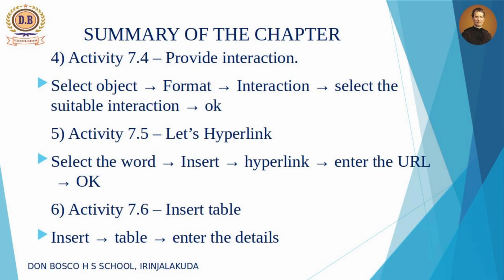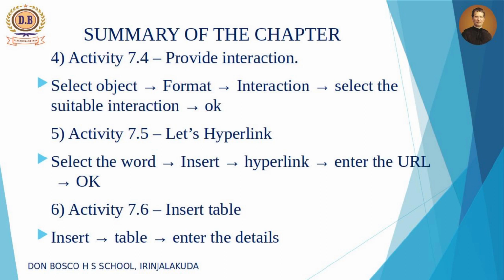And the fifth activity was one important activity, providing hyperlink to the slides. How to give a hyperlink? Select the corresponding heading or word. We have selected global warming. Then go to the insert menu, select the hyperlink option. There you can see one pop-up window. From that window, there is a place to enter the URL address, which is known as the target box.